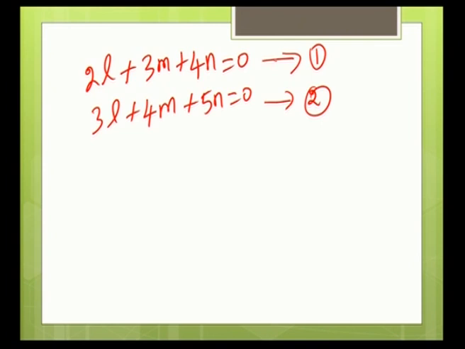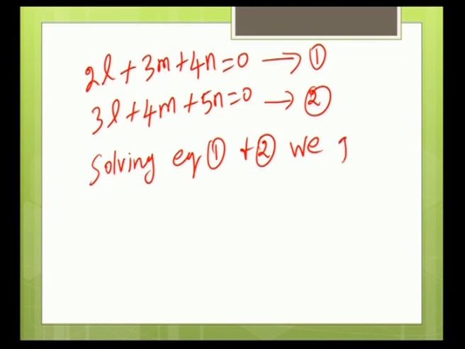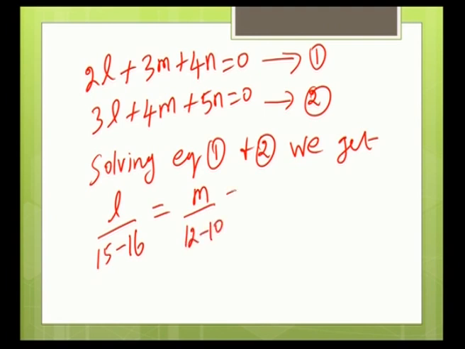Solving equations 1 and 2, we get l by (15 minus 16) is equal to m by (12 minus 10) is equal to n by (8 minus 9).